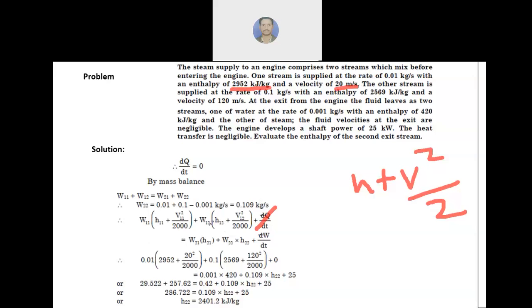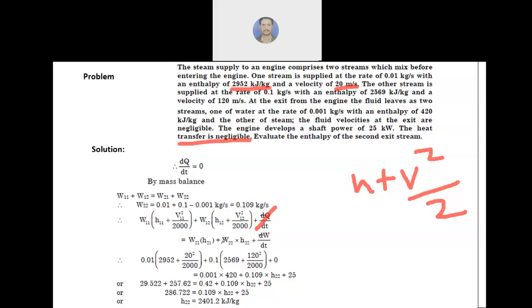Similarly, W12 is given. H12 is given as 2569, and velocity 120. Put the values. dQ by dt, I already told you it is 0. Why? Because in the question somewhere it is given that heat transfer is negligible.